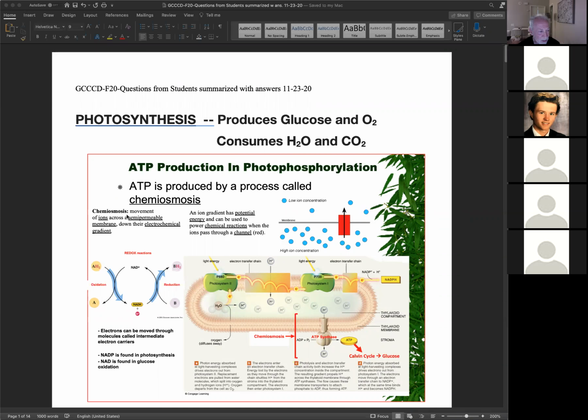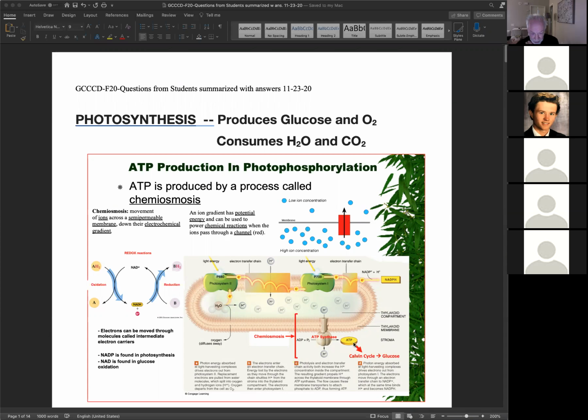The definition is off to the left. It's the movement of ions across a semi-permeable membrane down their electrochemical gradient. And when this movement occurs from high concentration on the inside of the membrane to outside, the enzyme ATP synthase gets involved and converts a molecule of ADP to a molecule of ATP.